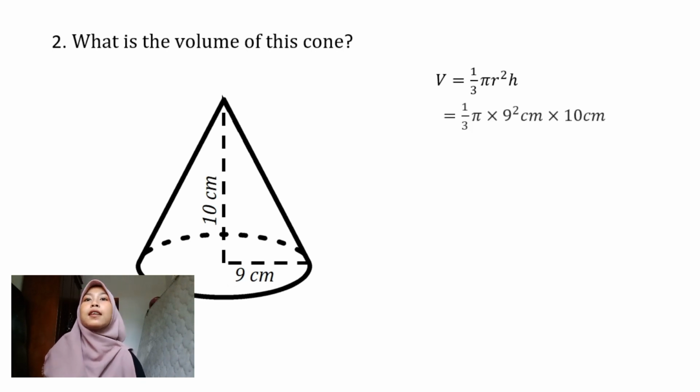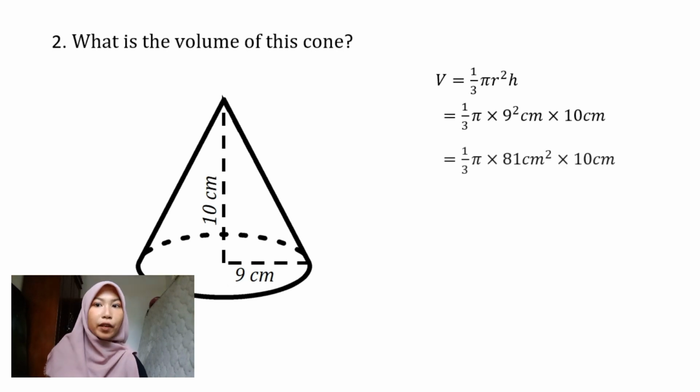So next, 1/3 times pi times 9 centimeters squared times 10 centimeters. And then 1/3 times pi times 81, because 9 squared is 9 times 9, which is equal to 81.